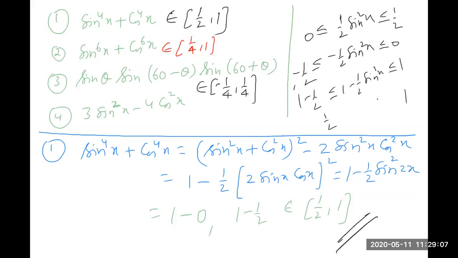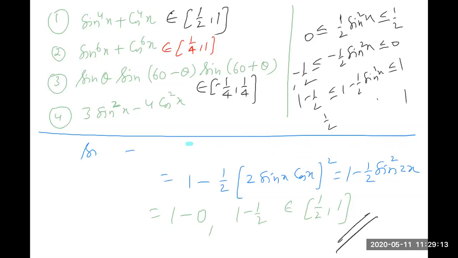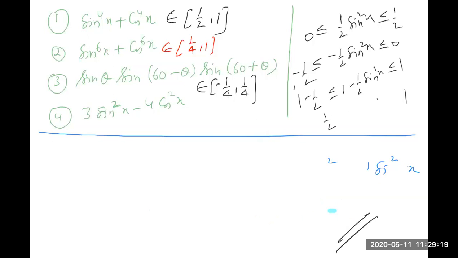Now come to question number 4. That is 3 sin square x minus 4 cos square x.